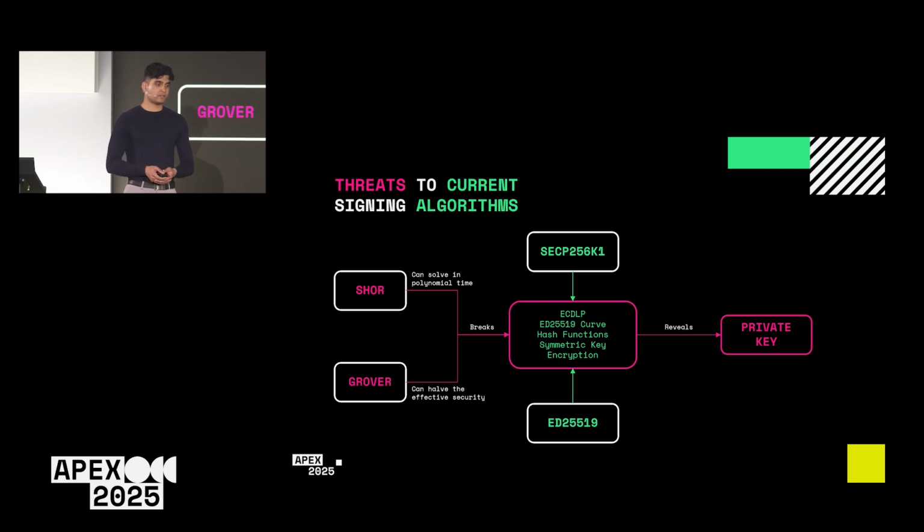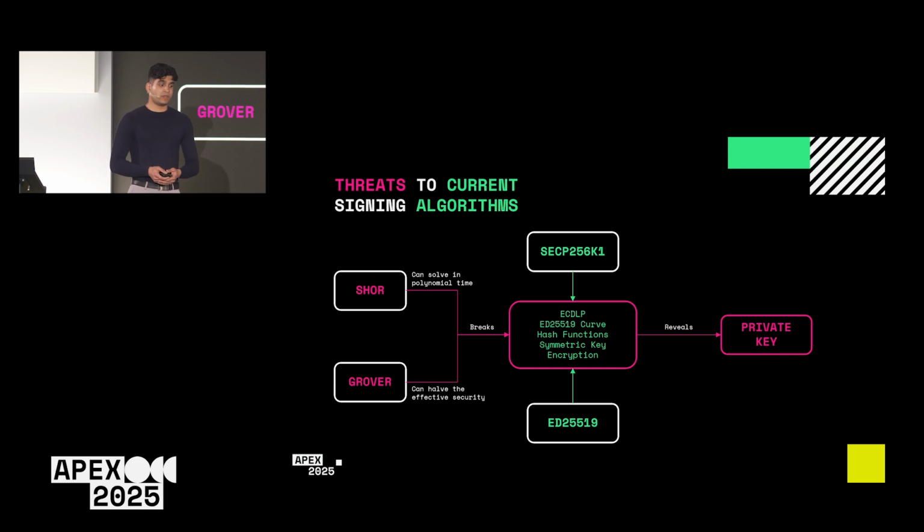Shor's algorithm is capable of solving elliptic curve discrete logarithm problems over the curve SECP and Curve25519 in polynomial time. It can also factor large integers, which could be a direct threat to modern encryption schemes like RSA.